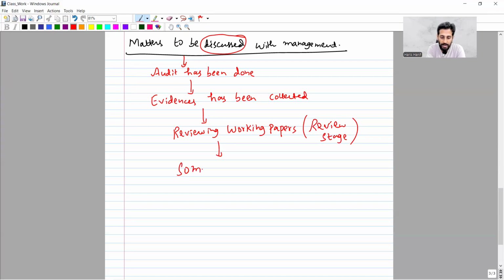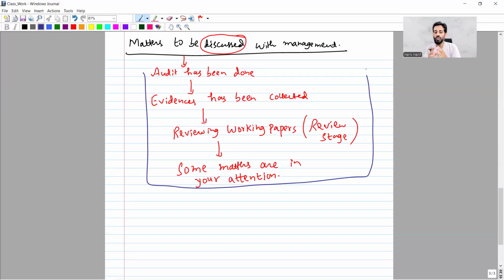Some matters are in your attention, right? That is a very simple point. That is a matter to be discussed with the management.